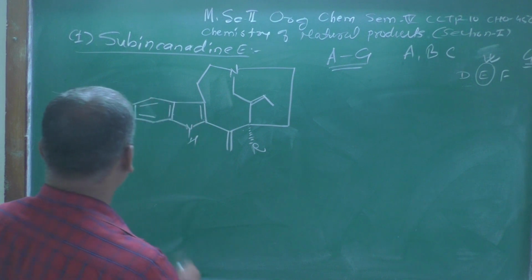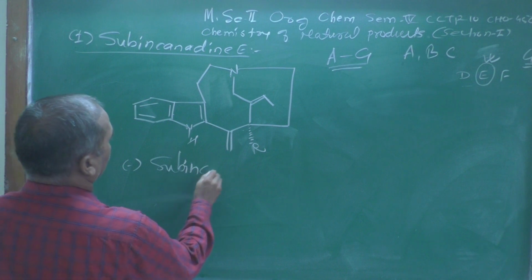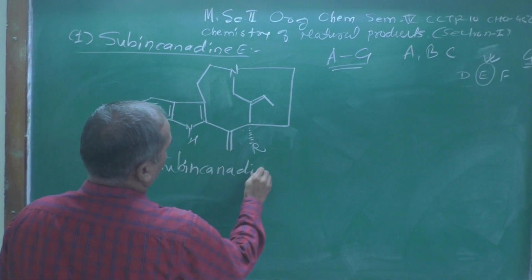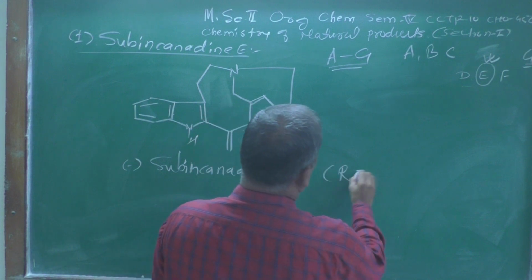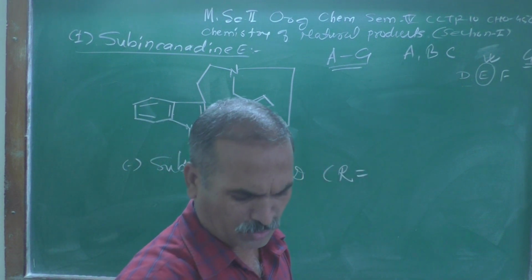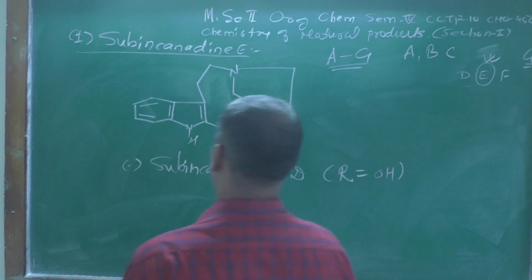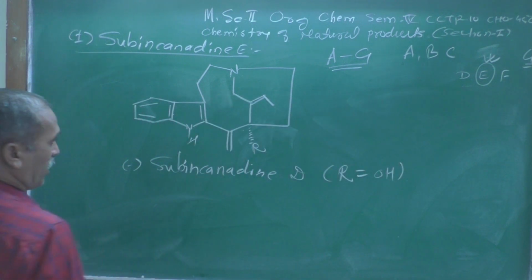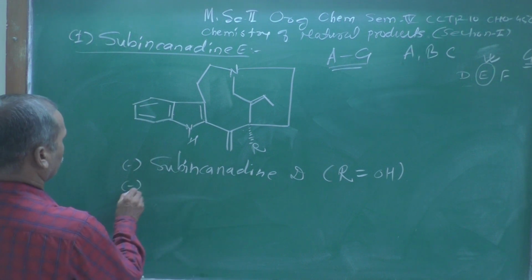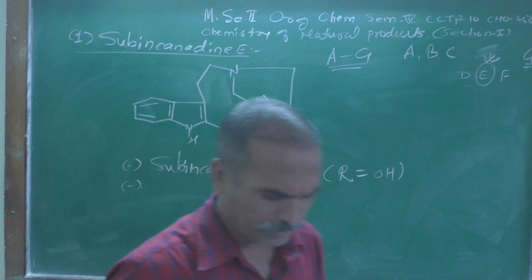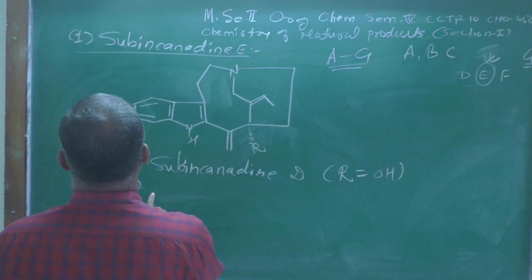Look at here, that is minus Subincanadine D, when R is equal to OH. If R is equal to OH, that structure is called Subincanadine D. And when there is a plus, now the optical rotation is changed over here.